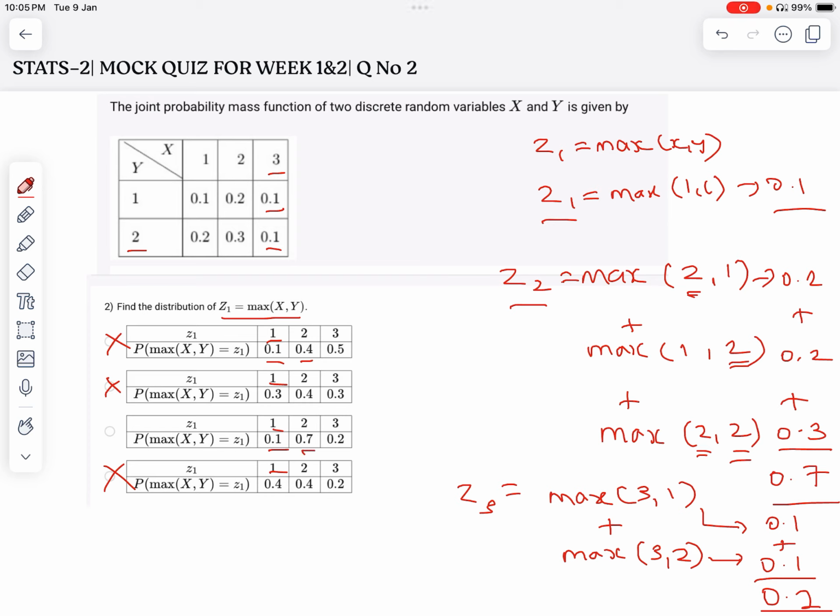From this we can conclude option 3 is the correct answer, but we should not forget to check the third value, the maximum of X and Y for 3. Here it is 0.2, therefore it tallies, and option 3 is the correct answer.